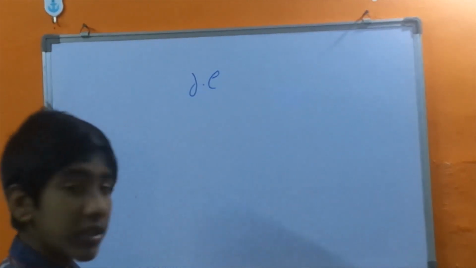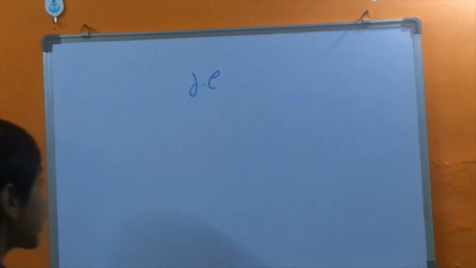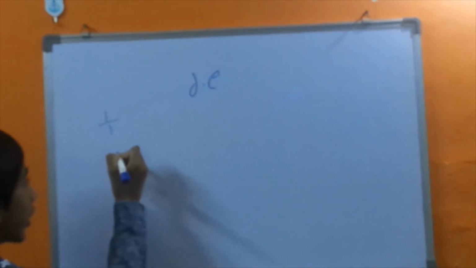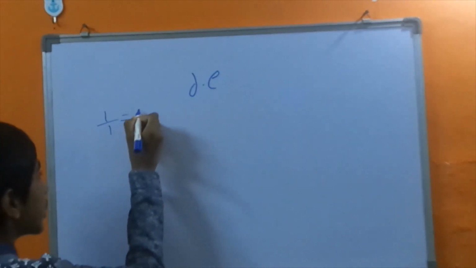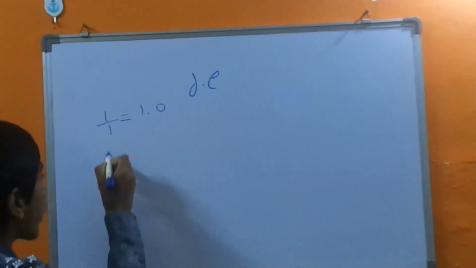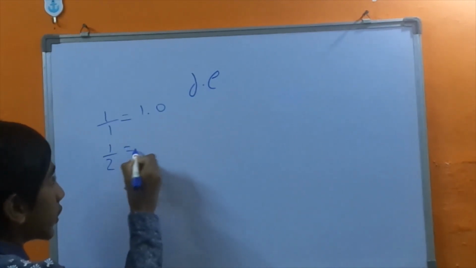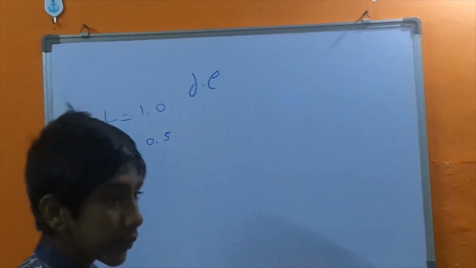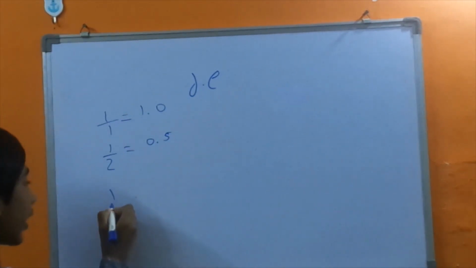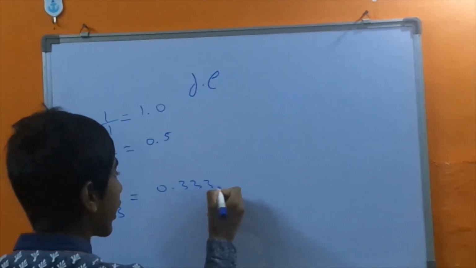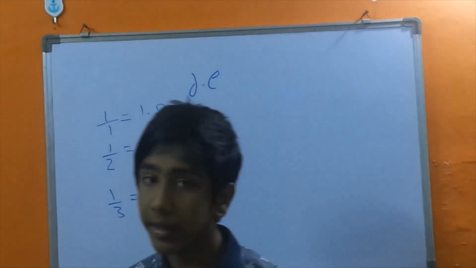Now we will observe the unit fractions with denominators from 1 to 10. For example, see 1 by 1. Its decimal expansion is 1.0. 1 by 2, it's 0.5. Now 1 by 3, it's 0.333 and so on. It's never ending.